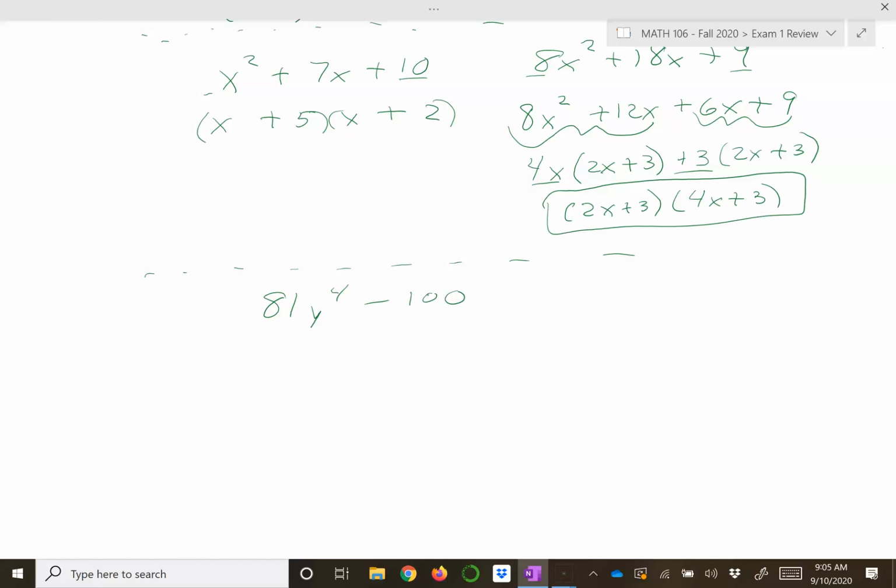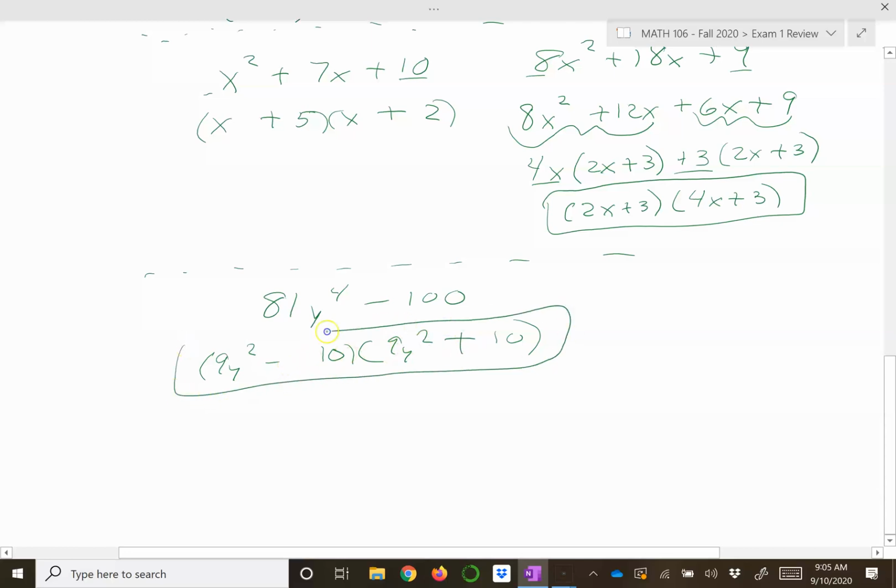Yeah, it's a difference between squares, right? So if you could take the square root of each of these, let's start with the 100. Square root of 100 is 10, so the 10s go here. How about the square root of 81y to the 4th? 9y squared. Then throw your signs in here, and it doesn't matter the order. So poof, there you go.